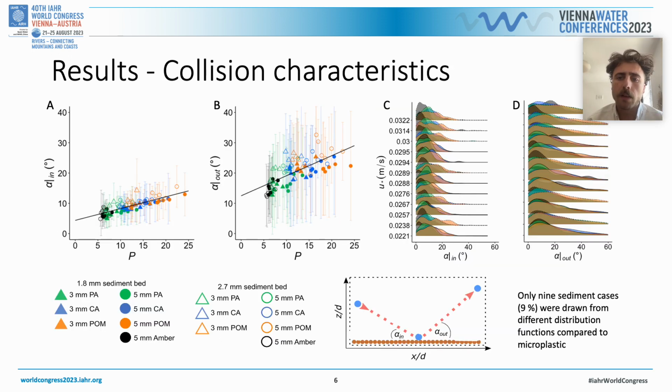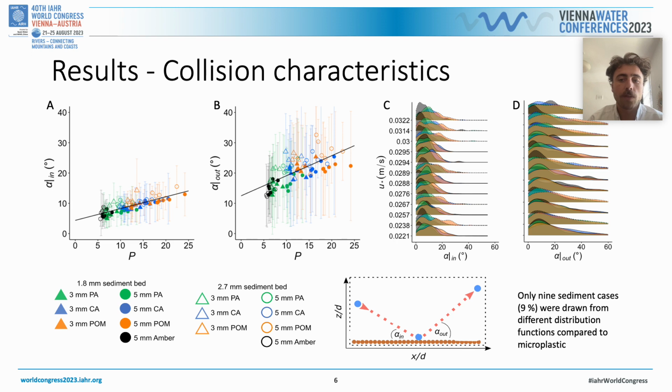We also look at the collision characteristics of the particles. Figure A shows the average inwards collision angle, so this is the angle at which the particle hits the bed during saltation. And figure B shows the average outwards collision angle, the angle at which the particle leaves the bed after collision. On the x-axis is the Rouse number.